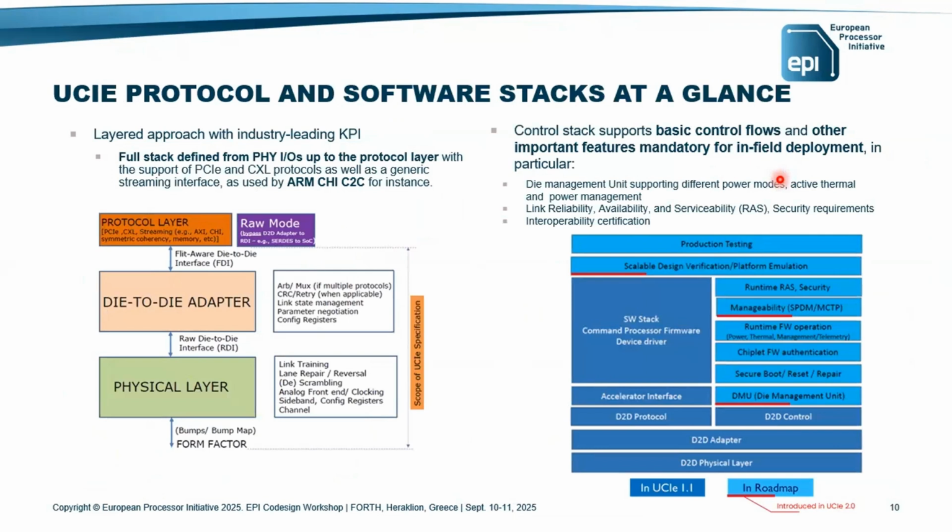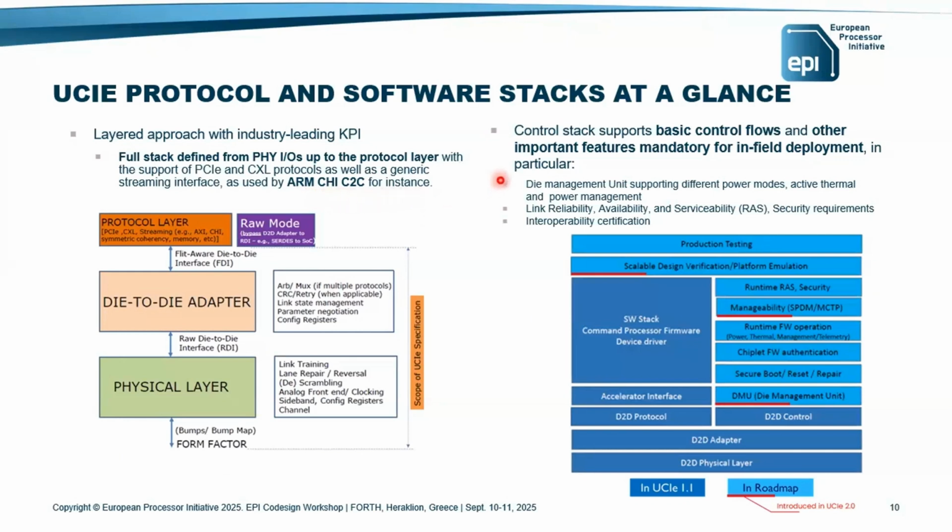UCIe is a layered approach for hardware protocols, from the IOs at the PHY layer up to the protocol layer, with support for PCI Express, CXL, and also a streaming interface with, for example, Arm CHI chip-to-chip as a streaming protocol.